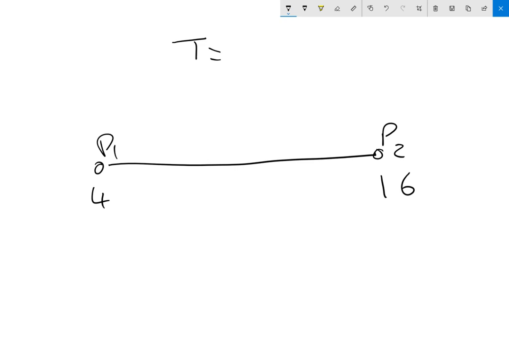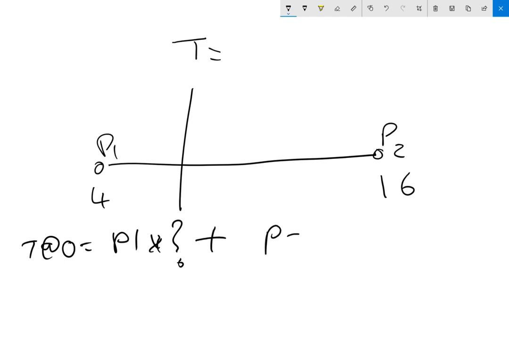Right. Okay. So we can say that t at 0 is P1 times something, which has to have something to do with t, yeah? And we can say plus P2 times some other crap. Definitely a different crap, not the same crap. Two different things.